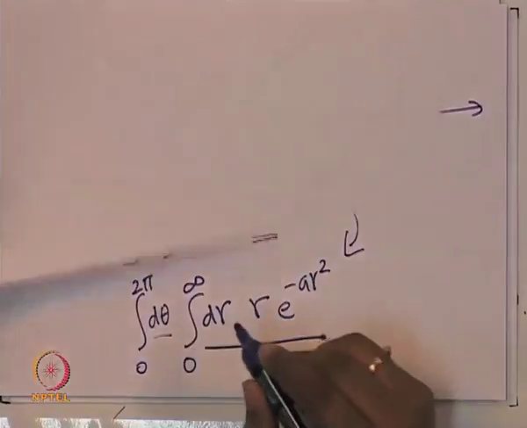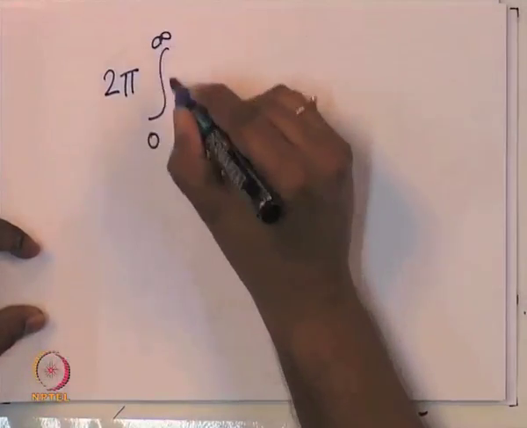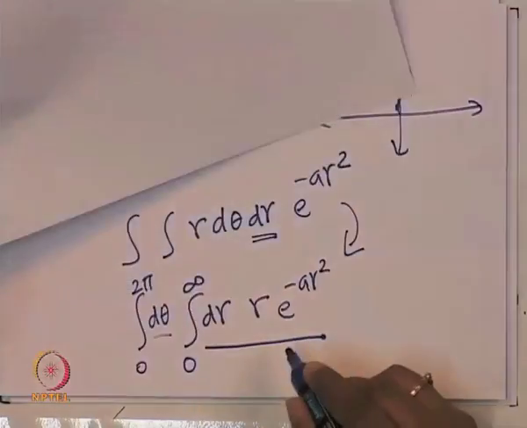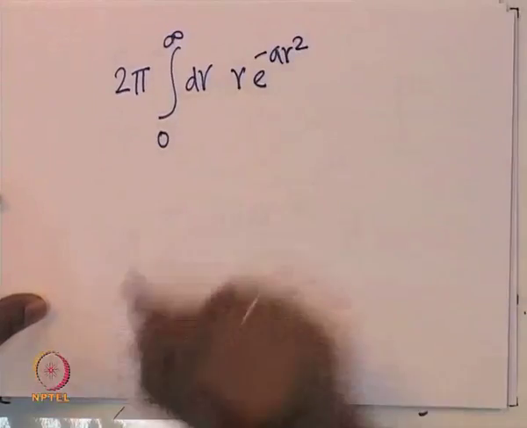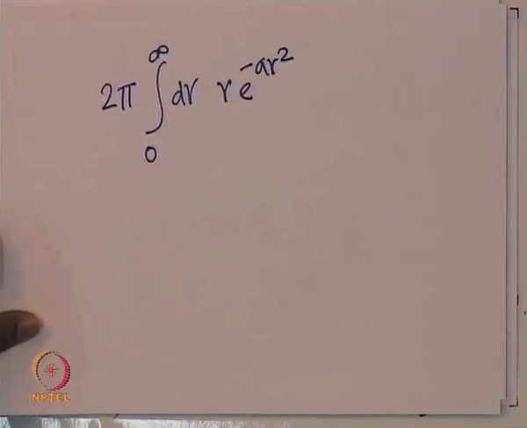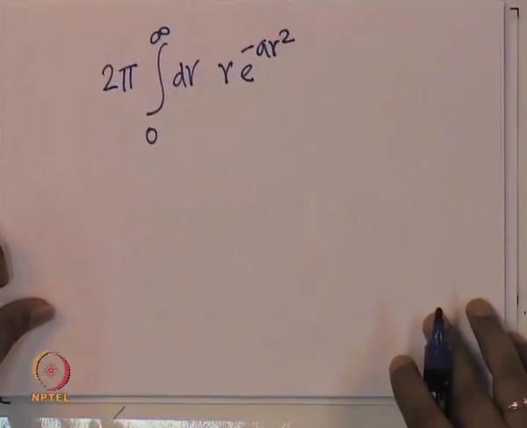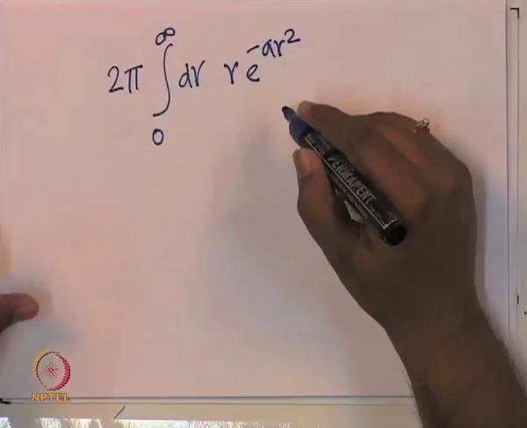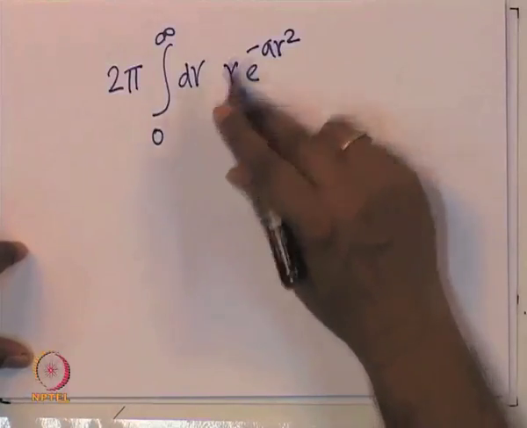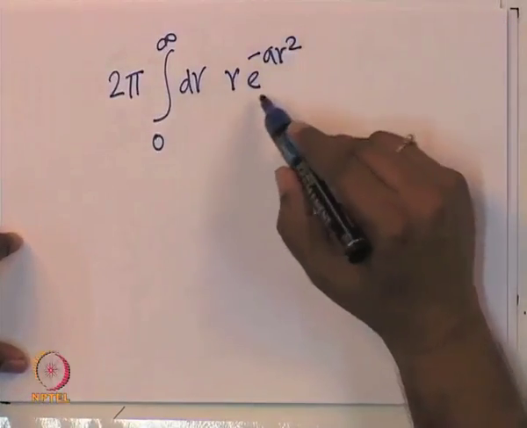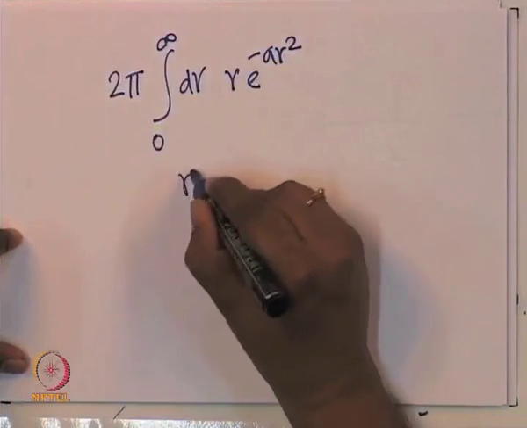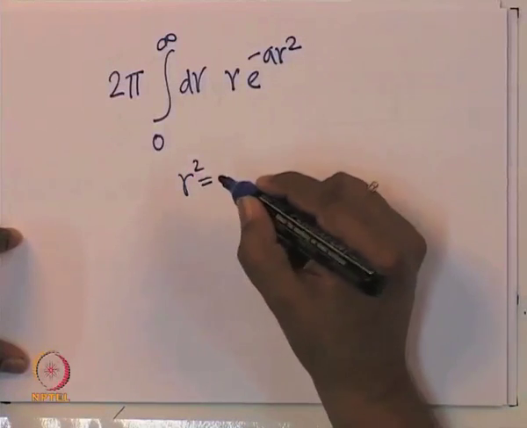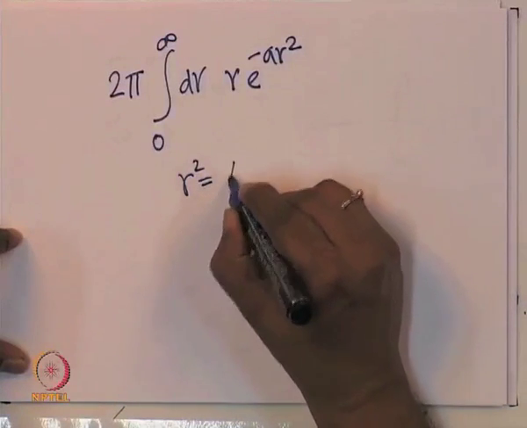Then you have the integral from 0 to infinity dr r e power minus a r square. So, how do we do this now? This can be done by taking r square as something. Let us take r square equal to t.